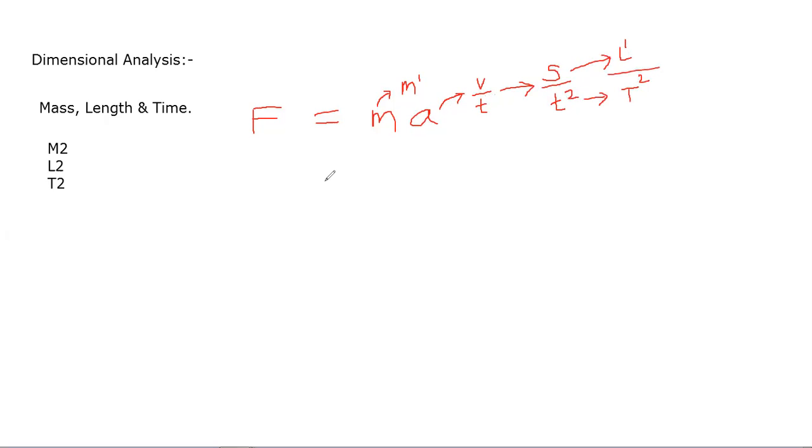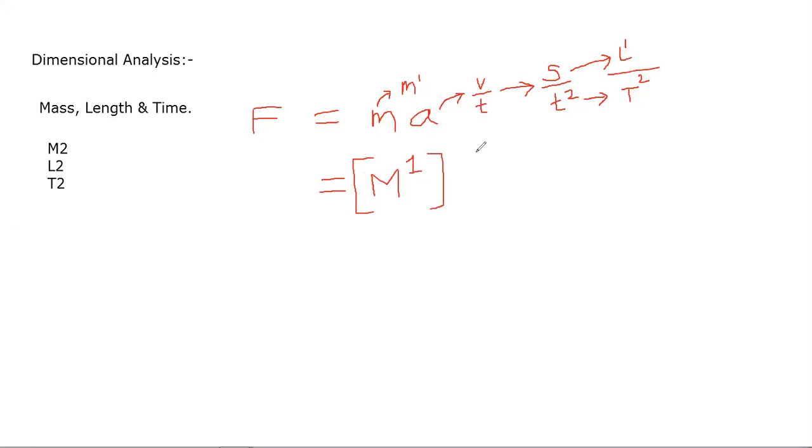Okay. Now we will extract it here. The dimension for mass is M raised to power 1. This is our first quantity. Our second quantity is acceleration.